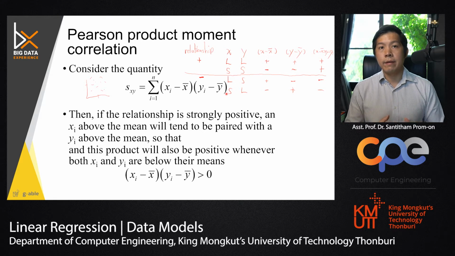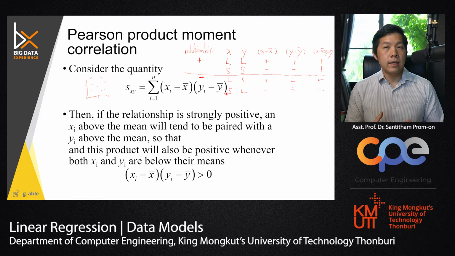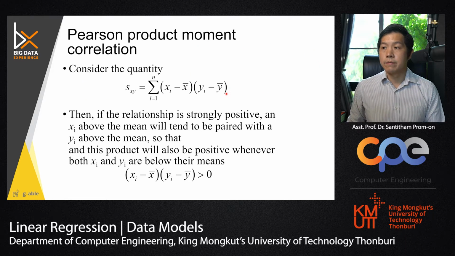When you combine them, then there will be approximately 0, and that would indicate no relationship between the two variables. Right. So that is the key to assessing direction and magnitude of relationship using Pearson correlation.